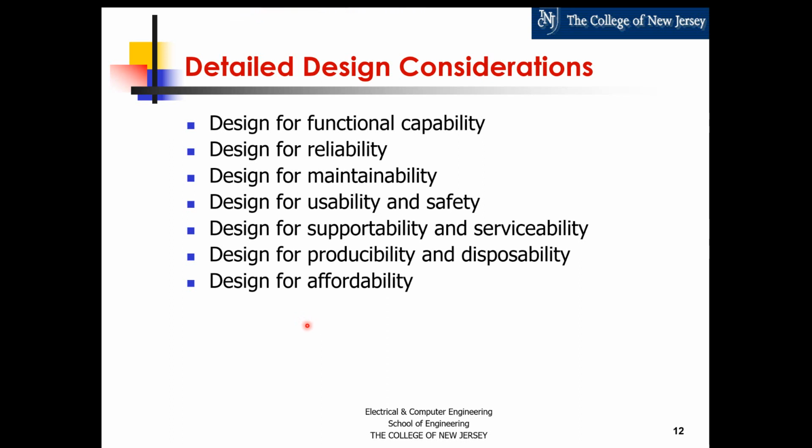So you have to look at all these design considerations, such as we have mentioned: reliability, maintainability, safety, support and service, manufacturing, and of course the economic aspect. So it is important to tie this analysis through the allocation and budgeting to these detailed design considerations for the system.